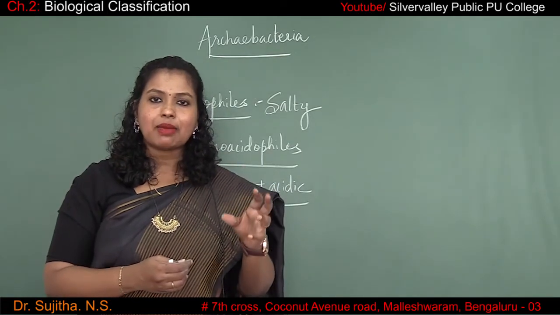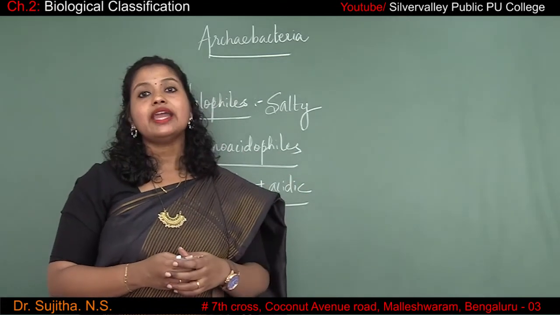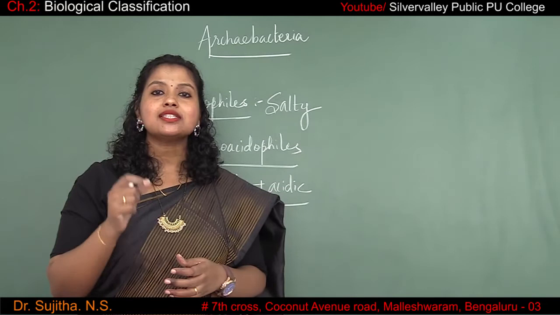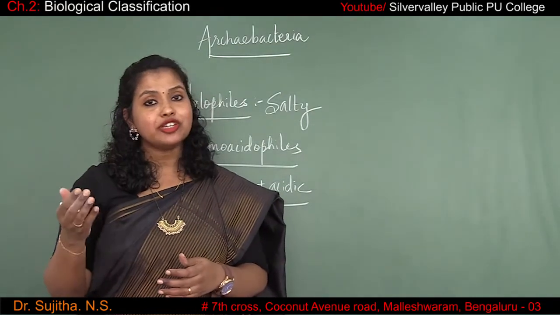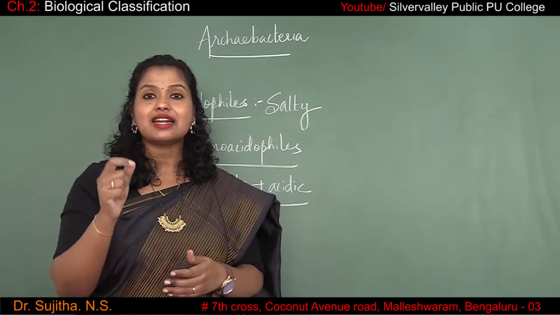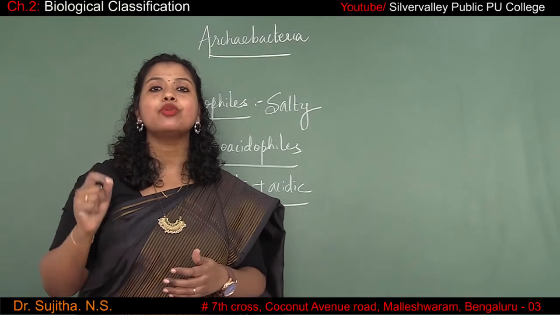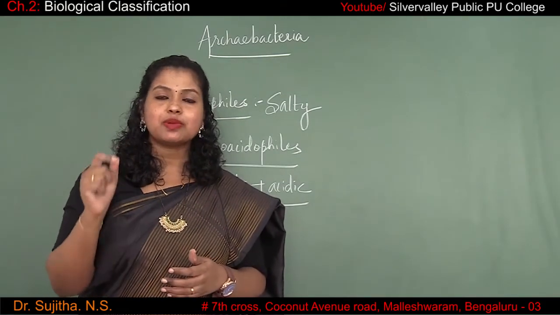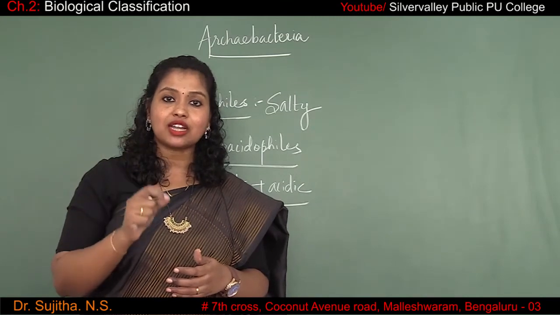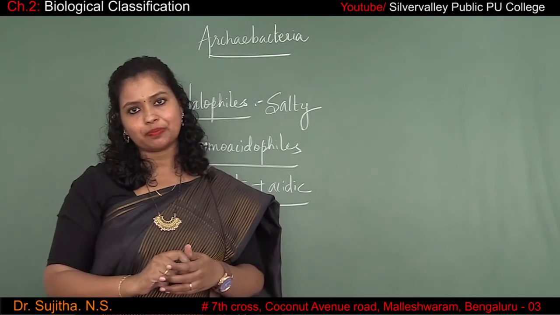And this bacteria which is present inside the stomach of the cow digests all the cellulose which is present in the grass, because the cow feeds upon the grass and the grass contains cellulose, and this cellulose has to be broken down. And it is this bacteria inside the body of the cow which helps to break down the cellulose.